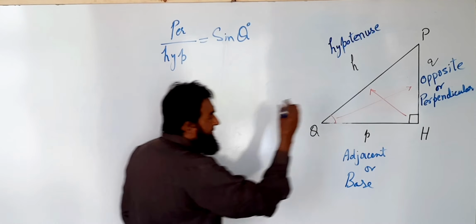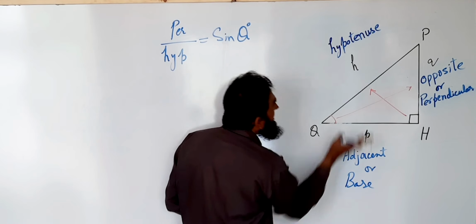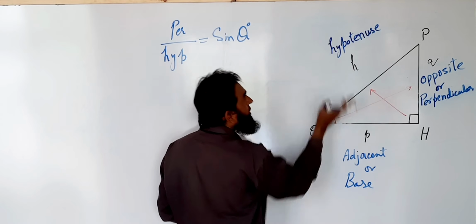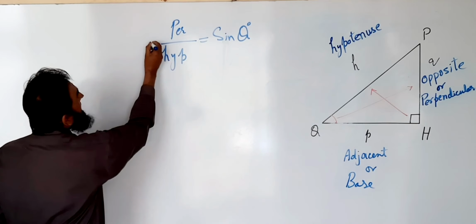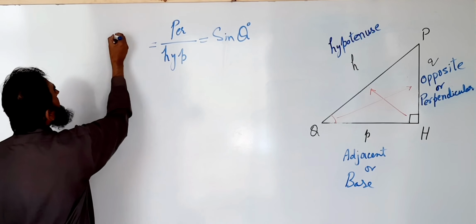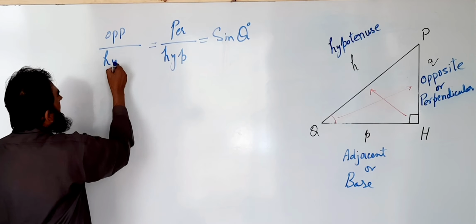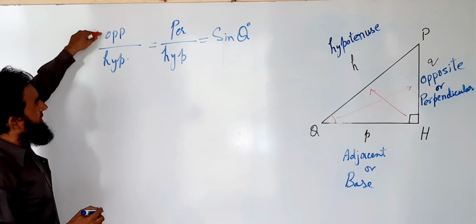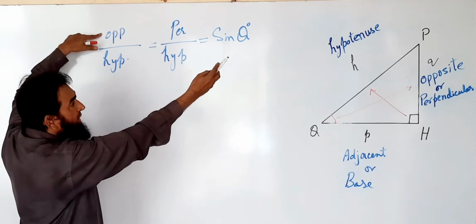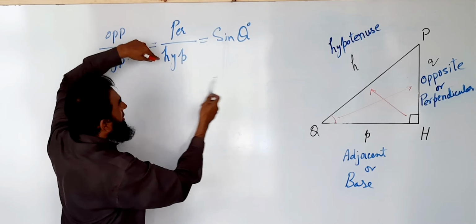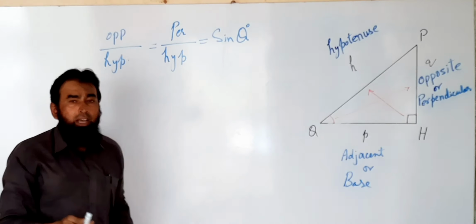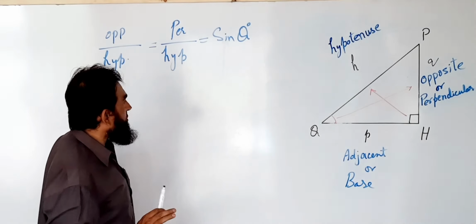Now if I am taking the ratio between base and hypotenuse, or adjacent over hypotenuse, whether you say opposite over hypotenuse or perpendicular over hypotenuse, whatever you say, it's okay.